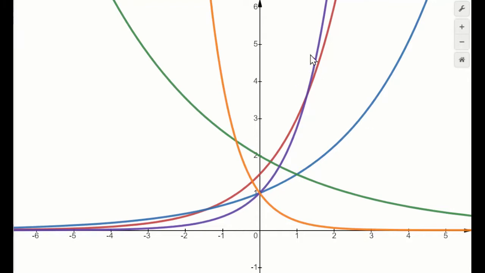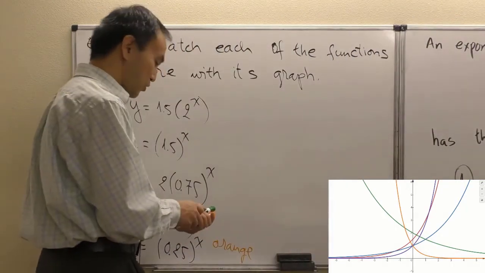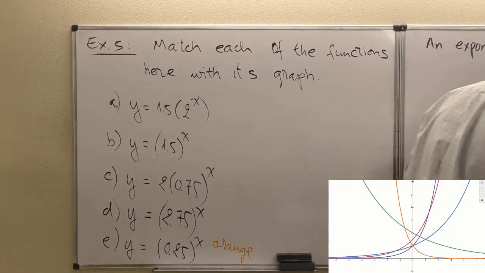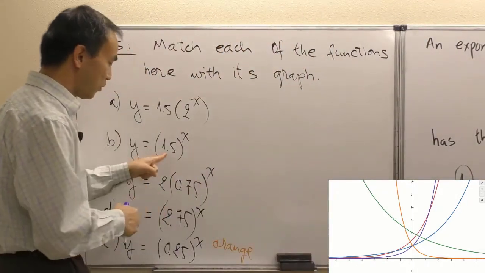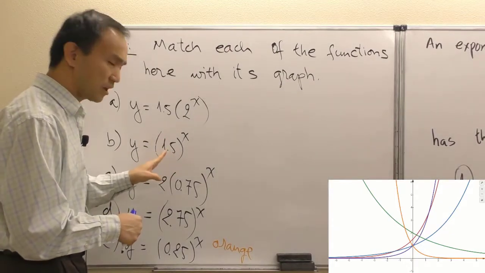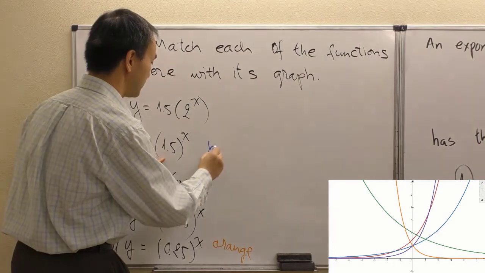All right, so now we have a clear choice. We have to clearly identify which equation is the purple one and which equation is the blue one. So on my board, the blue is the one with the lower base value. So this is the blue one.